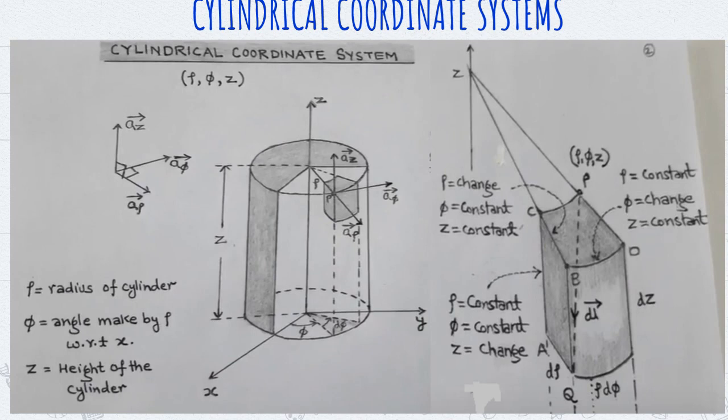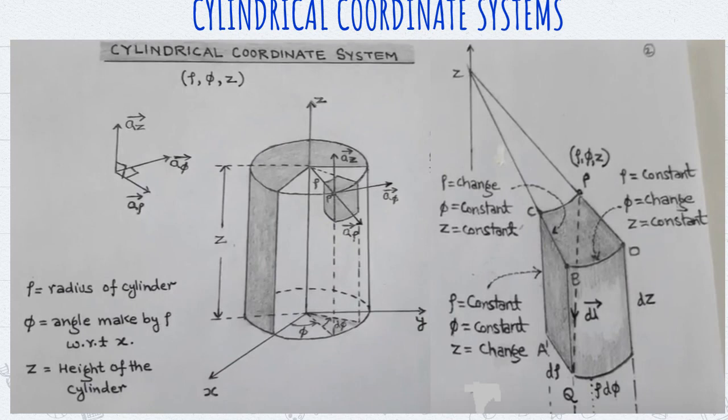OB is again a curve-like structure, and the vertical line AC is a plane surface.